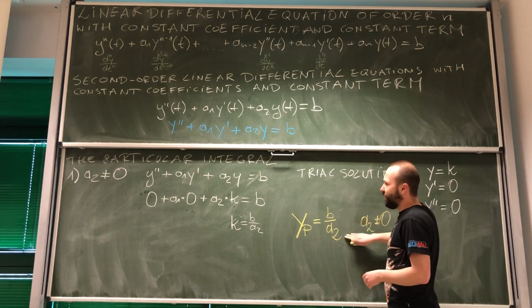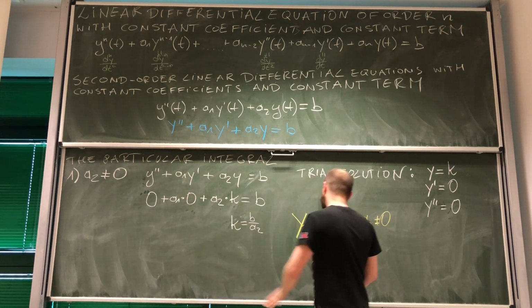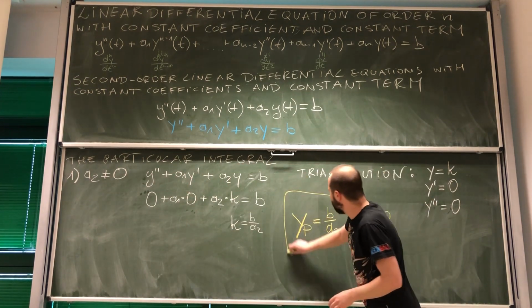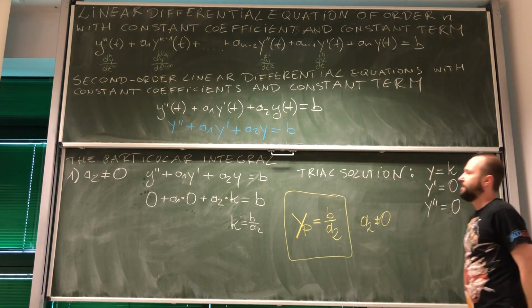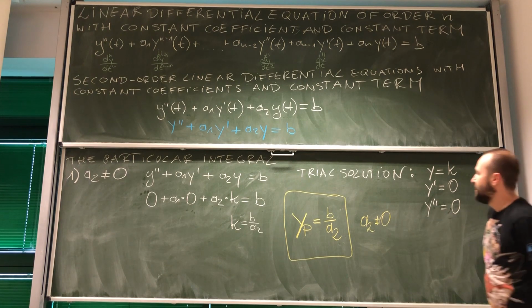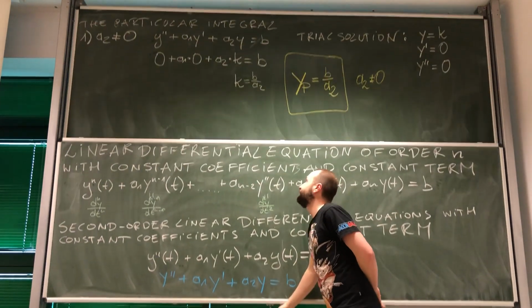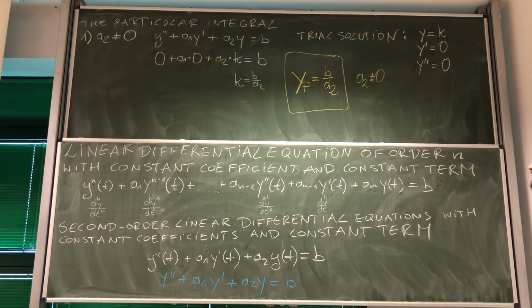Before it was B over A, but of course then we didn't have the last component. So, as you see, not much more is added over here.